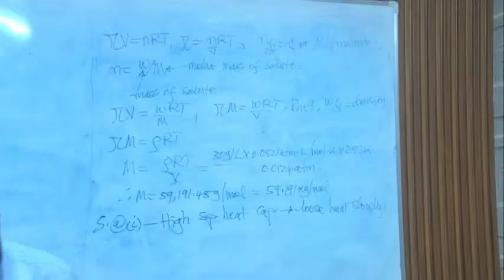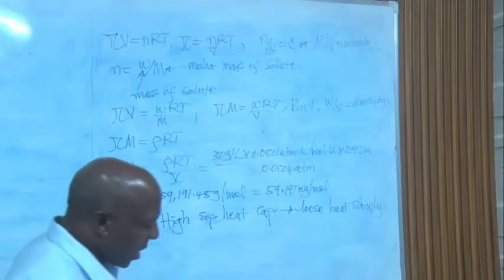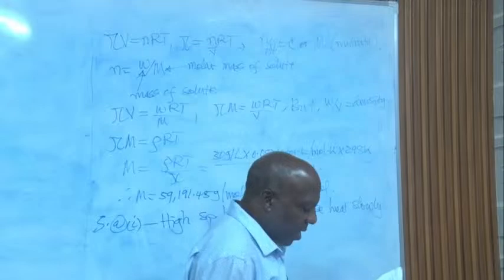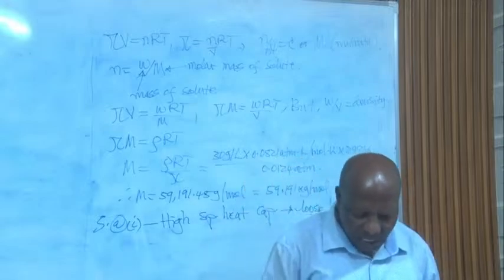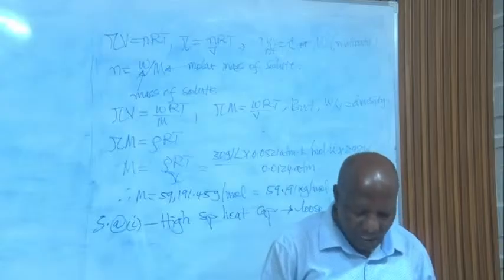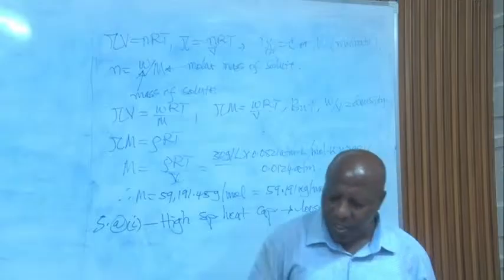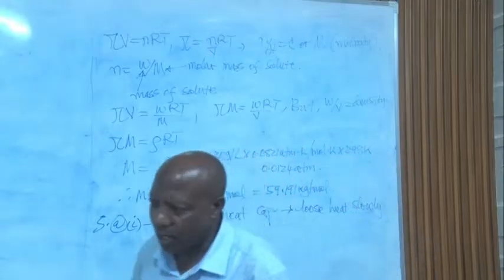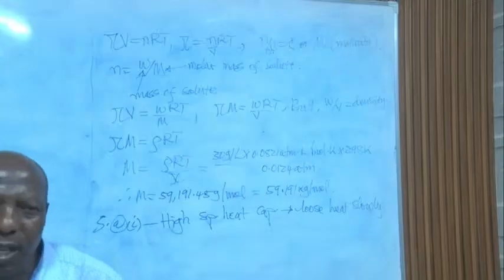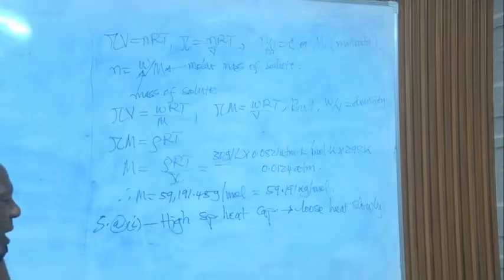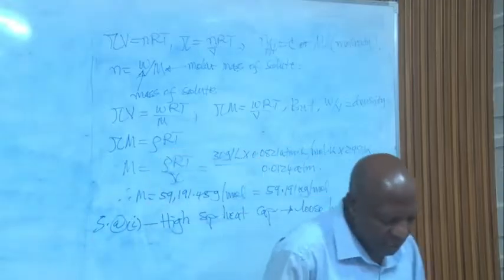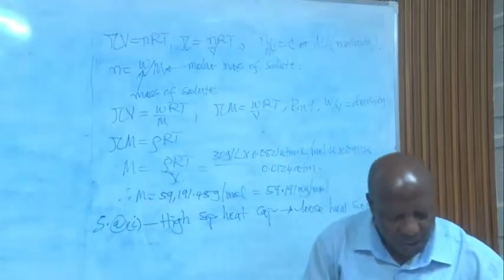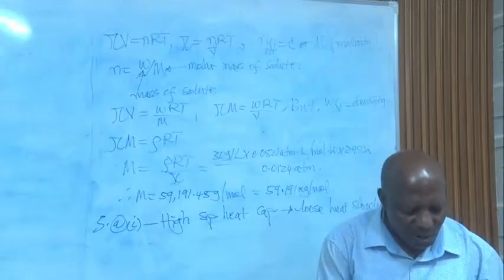Another question, that is question number 5A Roman 2. When a solute dissolves in water, the container containing the solution gets colder. Explain whether the process is exothermic or endothermic. A good example is when players or someone get injured, we can use what we call cold or hot packs.